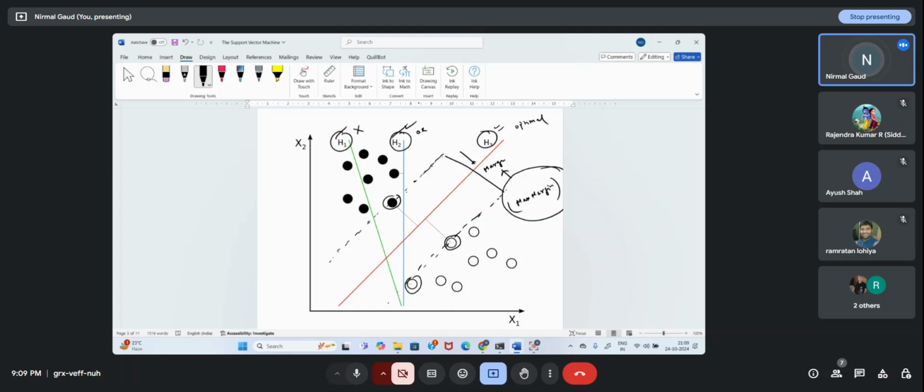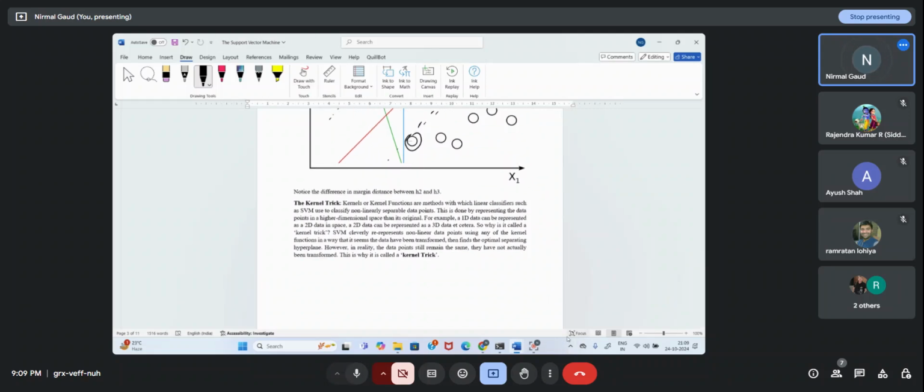This will be the margin. Margin should have to be max. Got it? Okay. So, remember, you may be asked a question: what is the difference between hard margin and soft margin? You should know it.